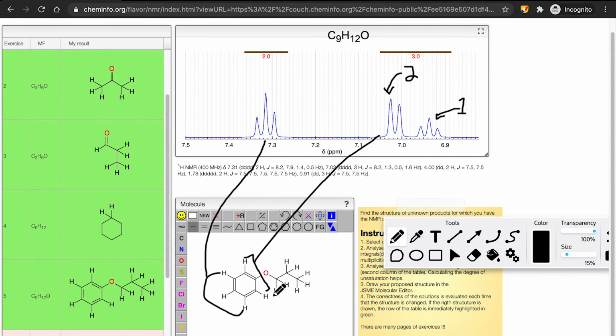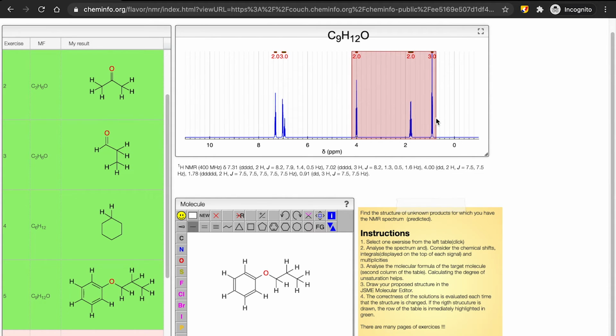So if you examine one of these protons, this hydrogen is its neighbor. So 1 plus 1 is 2, giving you a doublet. Okay. Finally, this proton here gives you the triplet. So instead of having an integration of 2, it's an integration of 1, and it has 2 neighbors. So this neighbor here and this neighbor here. So 2 plus 1 is a triplet. So this is the aromatic region of this portion of the molecule.